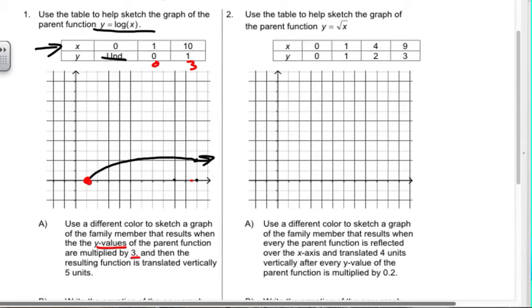I see already, because of the way my graph looks, it should be right there.